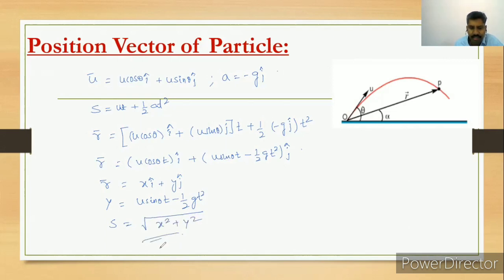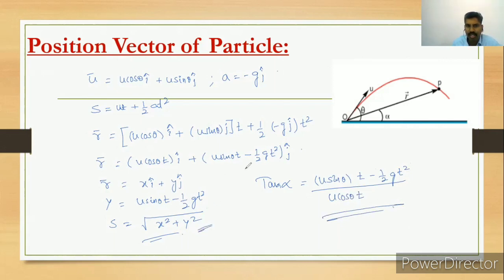The angle made with the horizontal: tan alpha is equal to y by x, that is u sin theta t minus half gt square by u cos theta t. So these are the three different cases we got. We got the velocity after some time, the velocity at a height, and the position after a time.